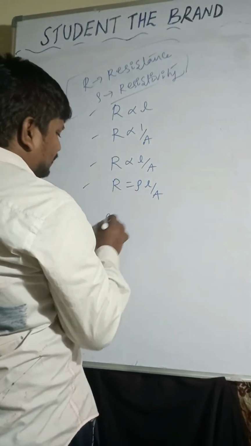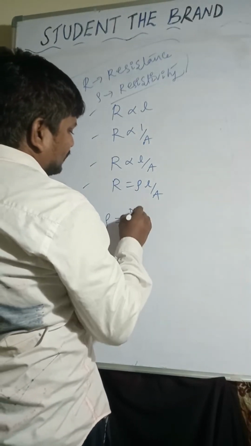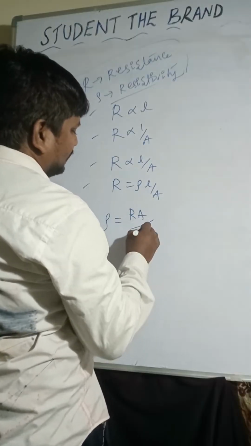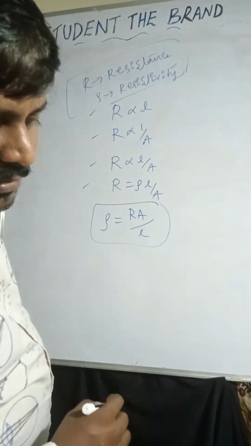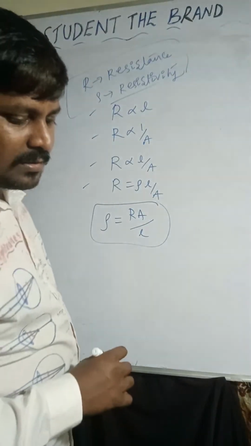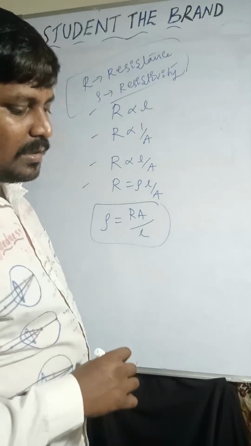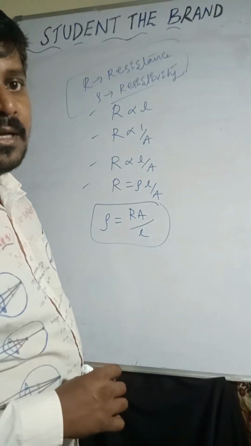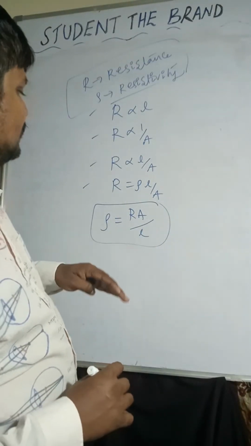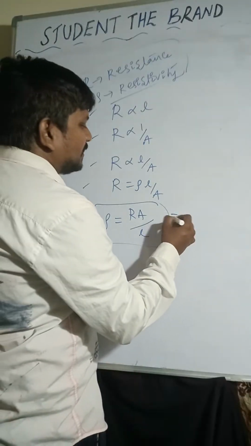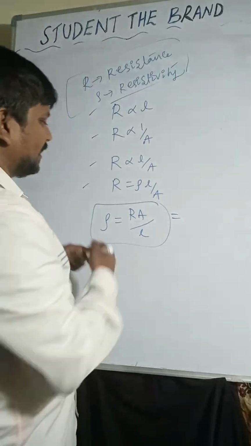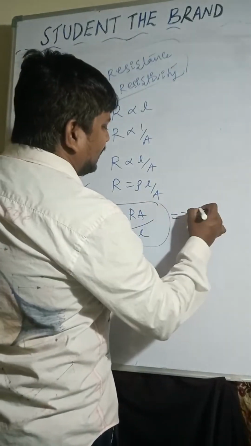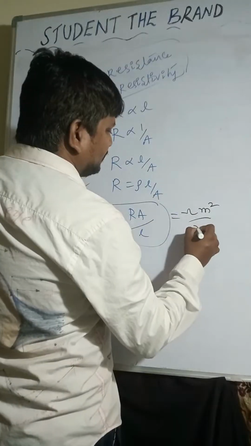rho equal to RA by L. Is it clear? Correct? What is the SI unit of resistivity? Here I am taking ohm for resistance, area is meter square and length is meter.